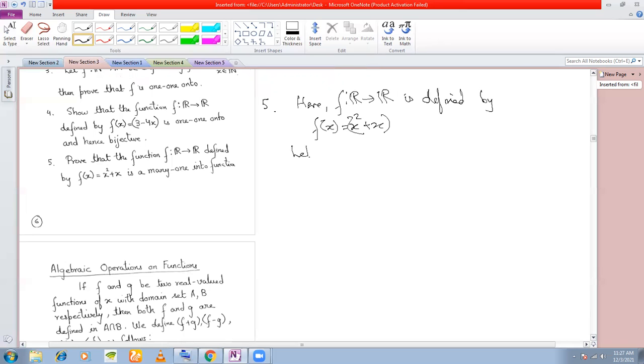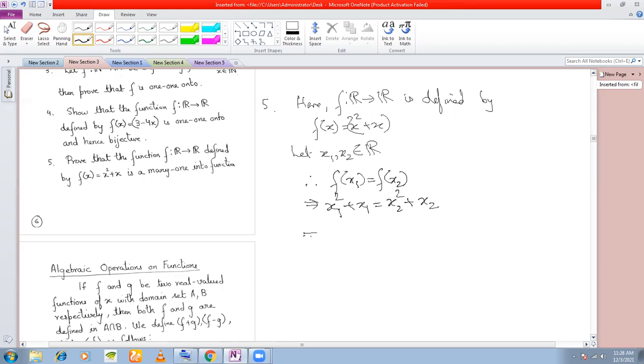Just the same way, let x1, x2 be any two elements in R, the set A. Therefore f(x1) = f(x2) means x1 squared plus x1 is equal to x2 squared plus x2.